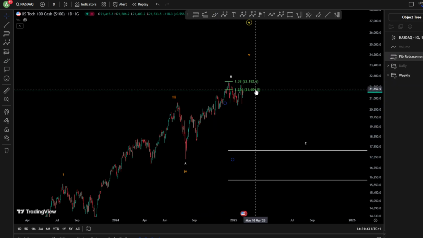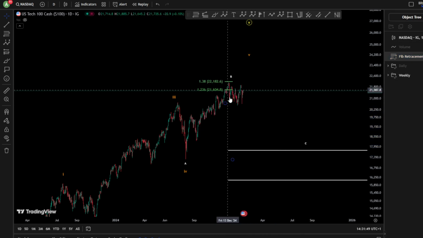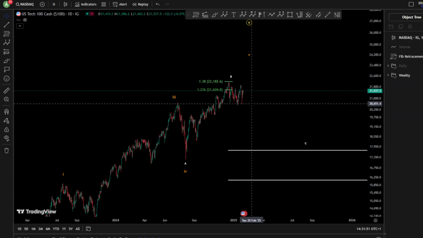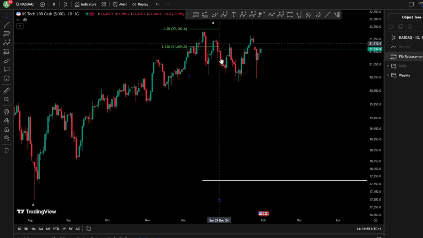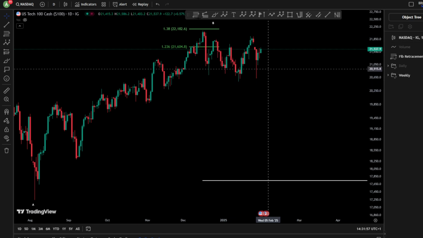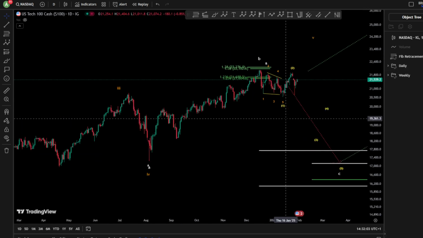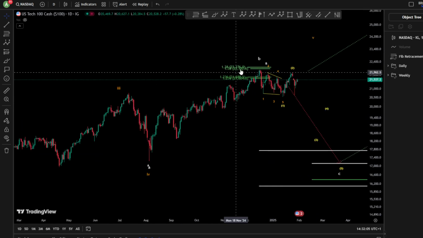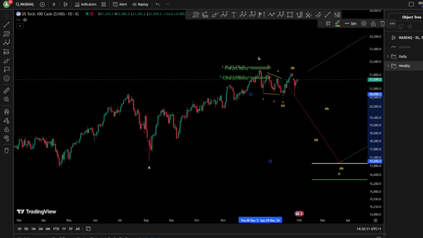The possibility is a little bit far, but if you take a look here, you have 1, 2, 3, 4, 5, right? If we take a closer look, we see kind of a leading diagonal. If we have a leading diagonal here on the daily, you would see a bearish scenario, again with the same fib levels taken from the weekly.